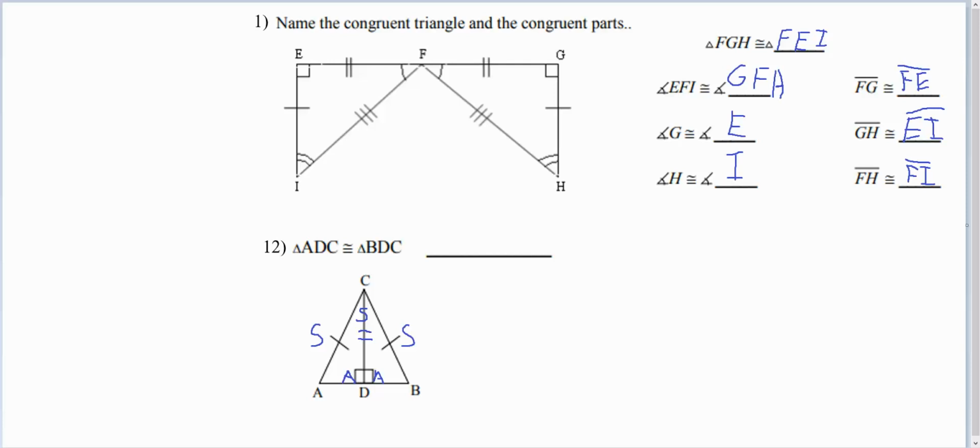And another option for a right triangle means that the side right here across from it would be a hypotenuse. And looking at that shared side, that would have to be a leg. So since this is a right triangle, we have our special case that this is proven by hypotenuse leg.